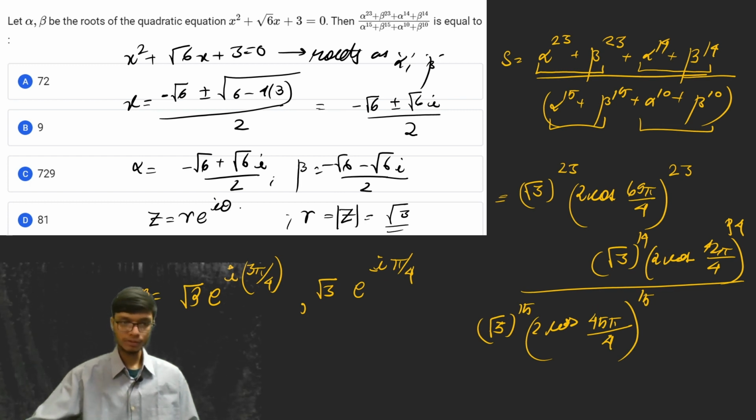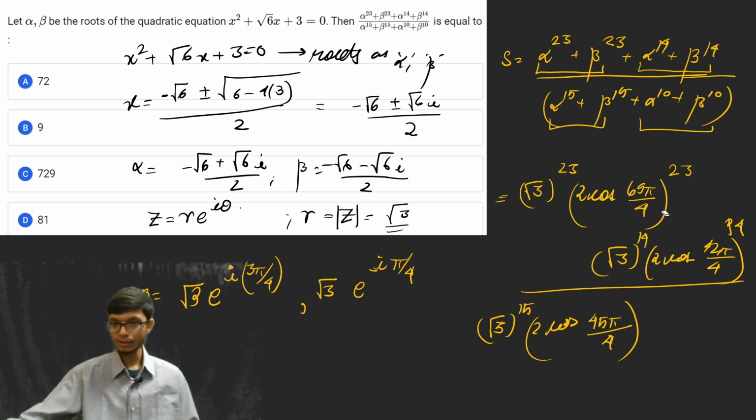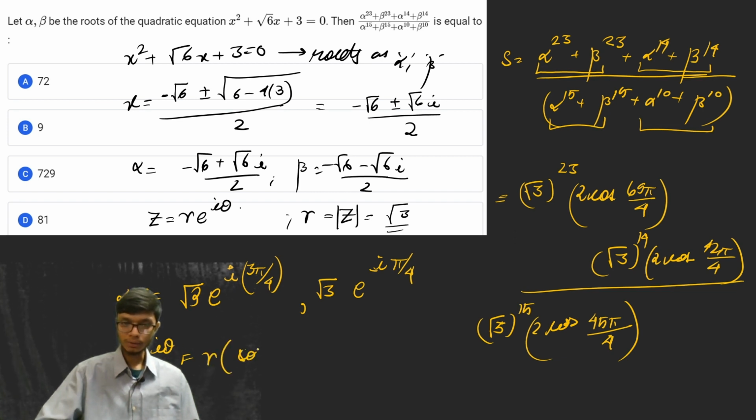Sorry, very sorry. Why write 15 again? I'm converting, so very sorry. What I'm actually doing from here is writing r e raised to the power i theta, and converting this into r into cos theta plus i sin theta.